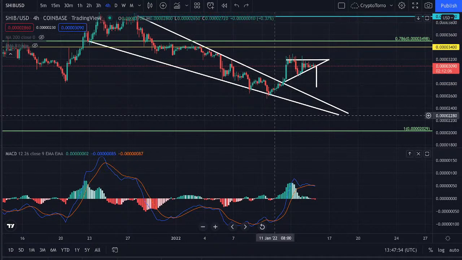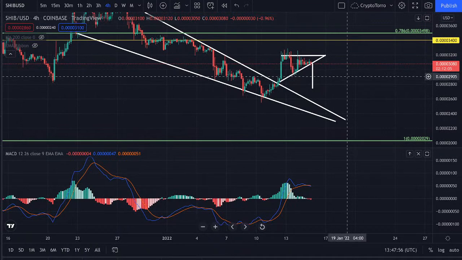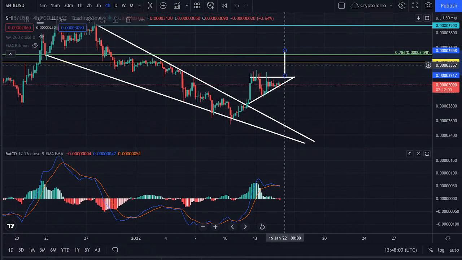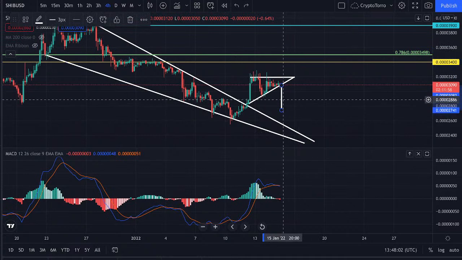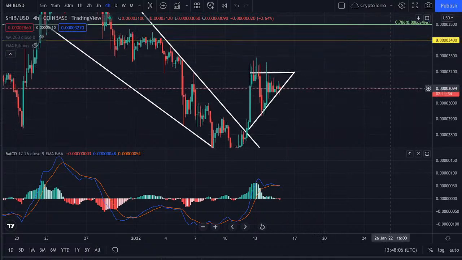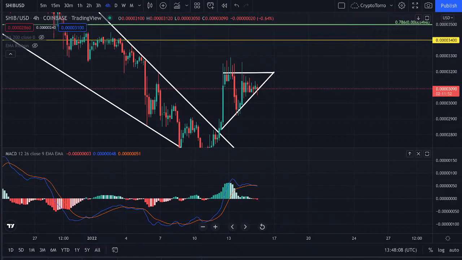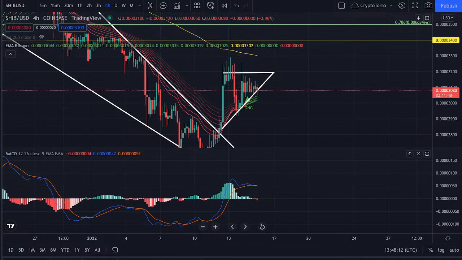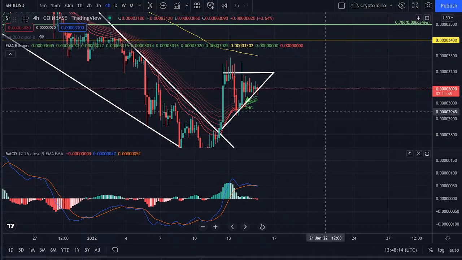So that could be perhaps the case. That might still be good for Shiba Inu, but I would prefer to see further continuation towards the upside and a stronghold getting created where we are currently trading at. So that is for sure something I think is absolutely important. And let's take a quick look as well at what we are seeing with the EMA ribbon. Well, the EMA ribbon is right now currently serving as a level of support.